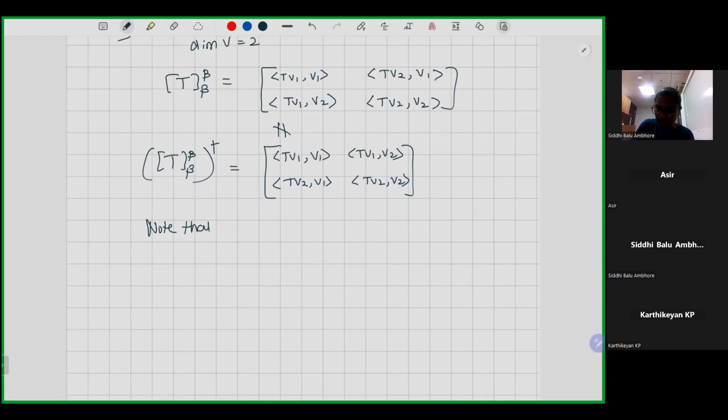Note that in general, Tv2 comma v1 need not be equal to Tv1 comma v2. So can we come up with an explicit example for this?